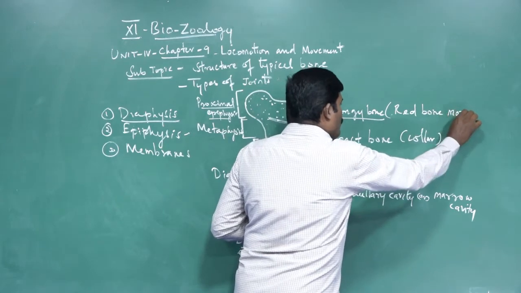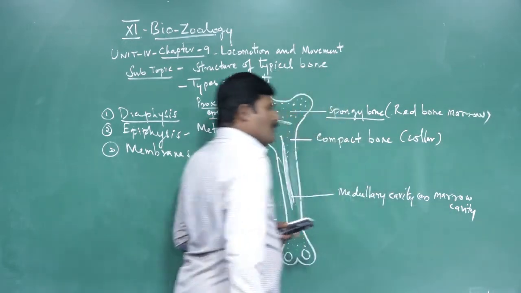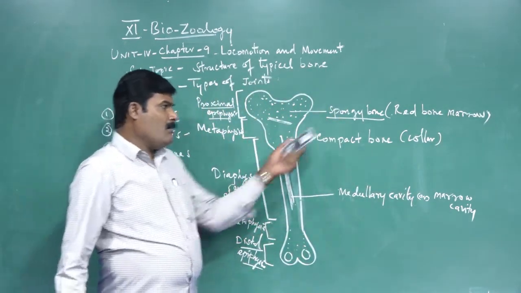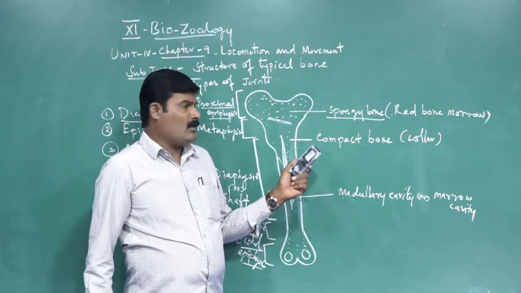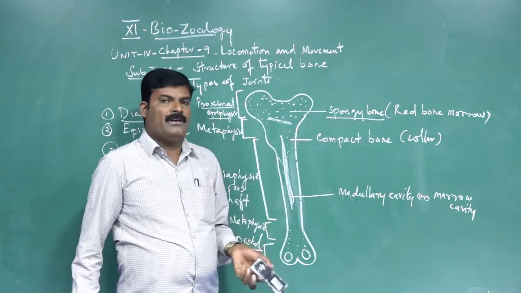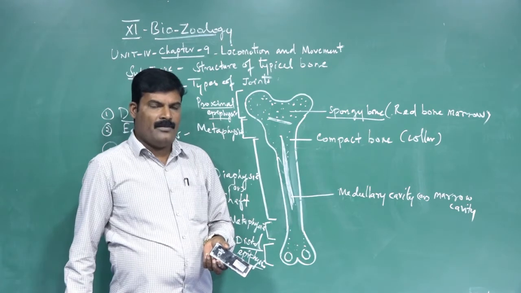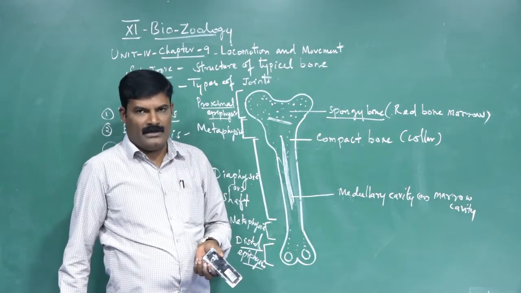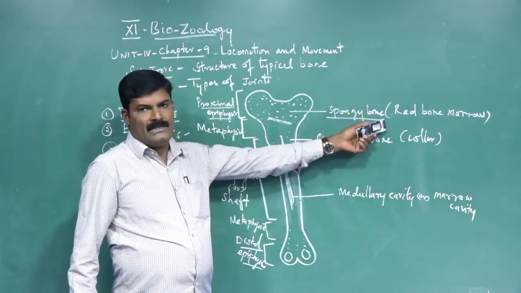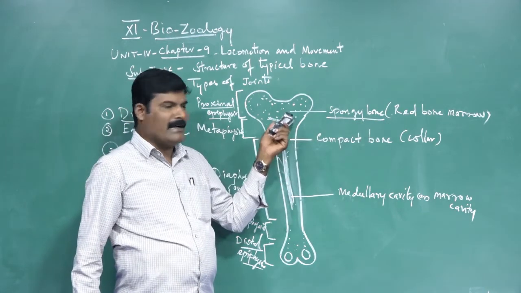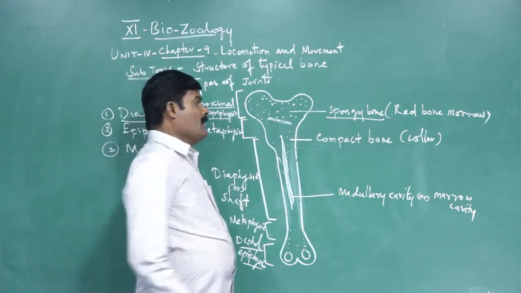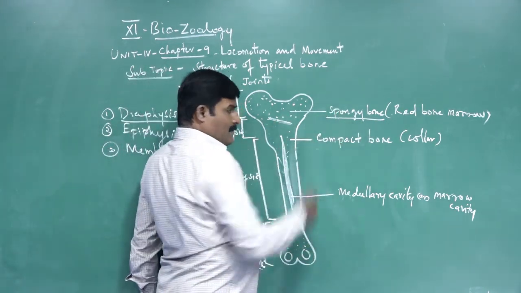Red bone marrow. So there are two bone marrows, red bone marrow and yellow bone marrow. Red bone marrow is an important place, the site where RBCs are formed. So all the RBC cells are produced in the red bone marrow. That particular part is called spongy bone.